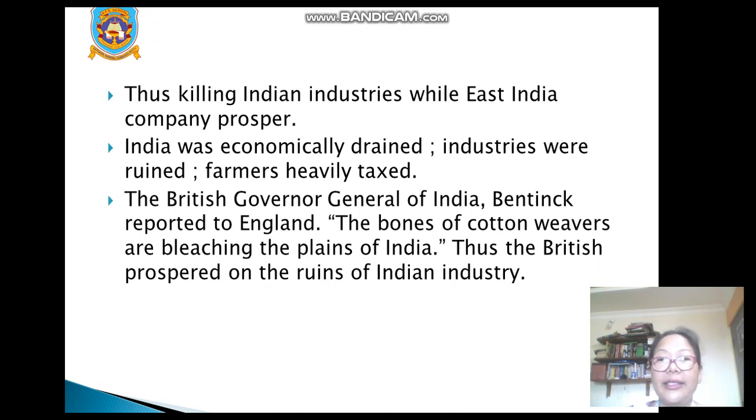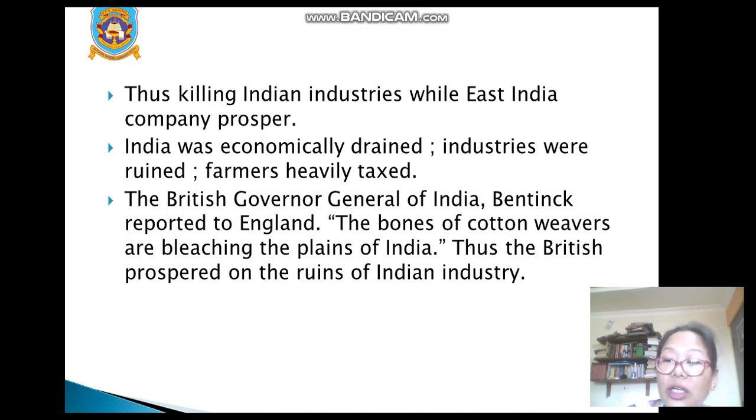Industries were ruined and farmers were heavily taxed. Even the British Governor General of India, Bentinck, reported to England that the bones of cotton weavers are bleaching the plains of India. That means the bones of cotton weavers, now, during this time India was a huge producer of cotton.